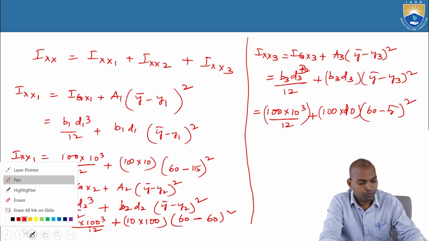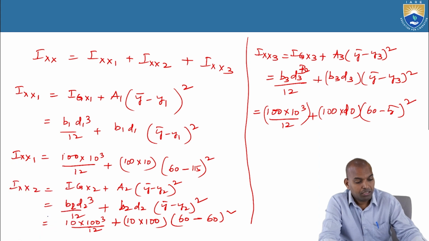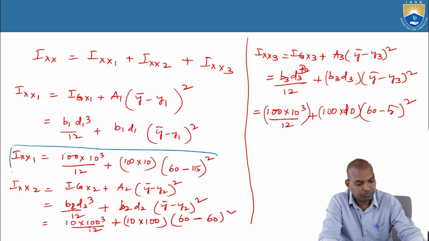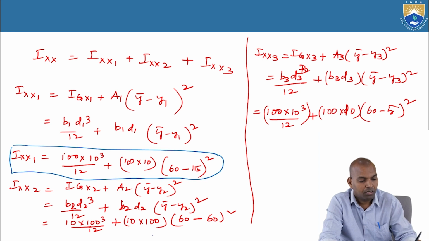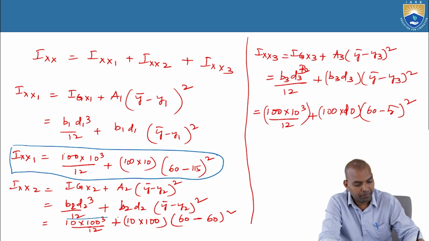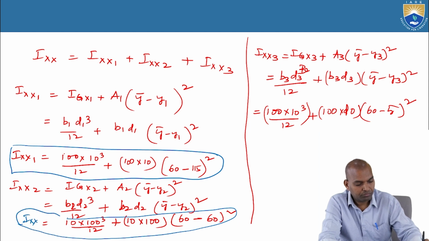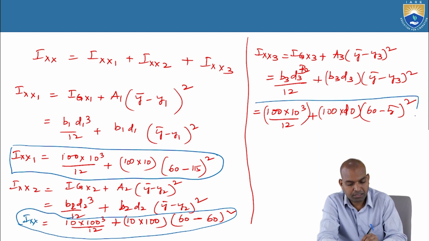Now the point is that Ixx1, this is the value, Ixx2, this is the value, this is Ixx3.